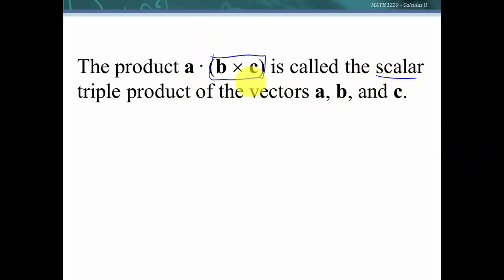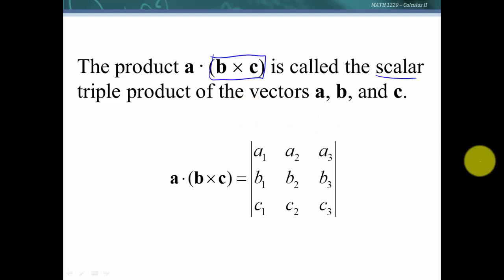So this scalar triple product is a number. One way we could express this is if we set up a determinant, instead of having our i, j, k here, after we get this vector, we are going to dot it with a, so we could put the components of a here, and when we compute this determinant, we will have this scalar triple product.